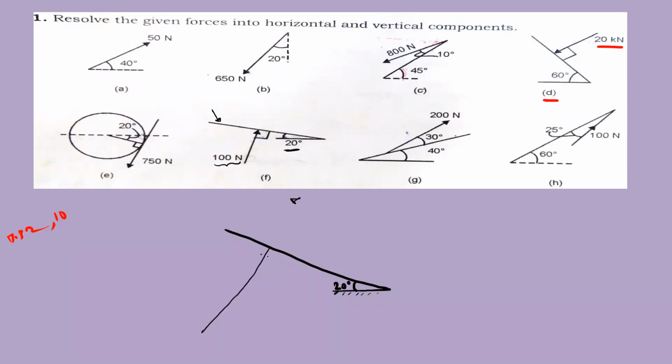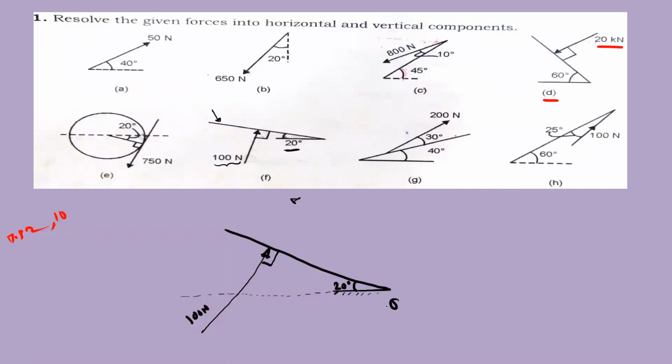This is the force vector, and this is the perpendicular. This magnitude is 100 Newton. For the resolution, we want the angle with respect to either the x-axis or y-axis. So the first step is to assume the axes, that means we have to draw the axes. I will extend this line so that we get one right angle triangle.